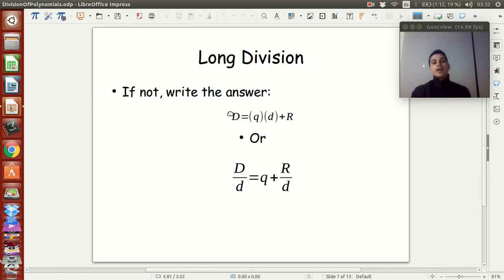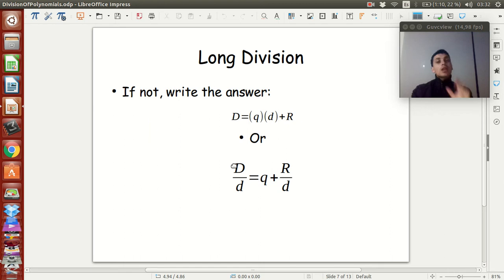So, dividend equals quotient times divisor plus remainder, or dividend divided by divisor equals quotient plus remainder divided by divisor. Both are the same, obviously. The first one I like because it's showing you factors, and the second option is showing you the division.